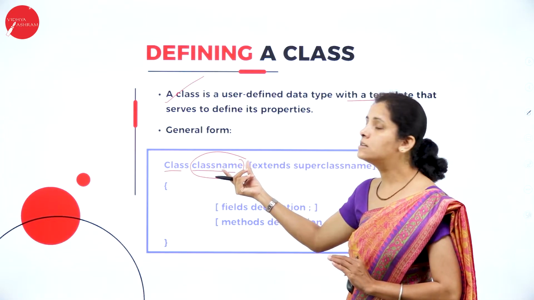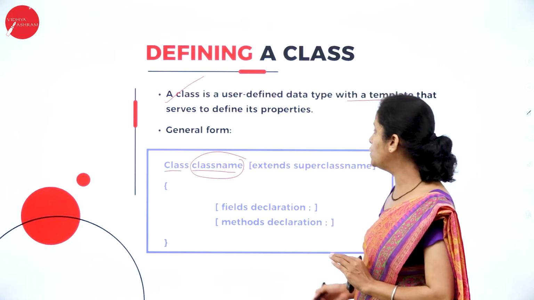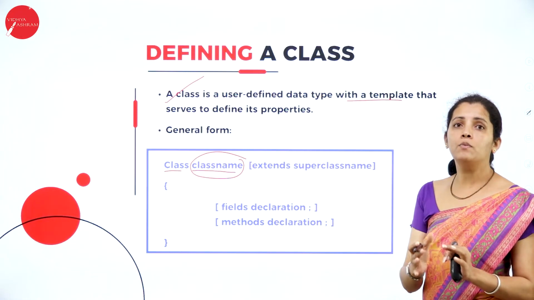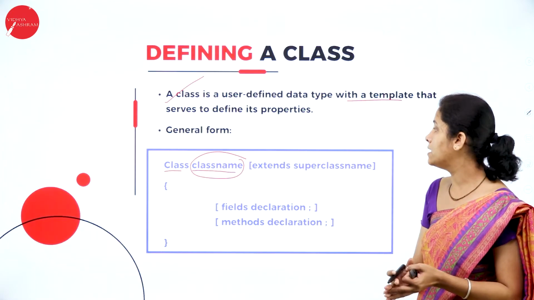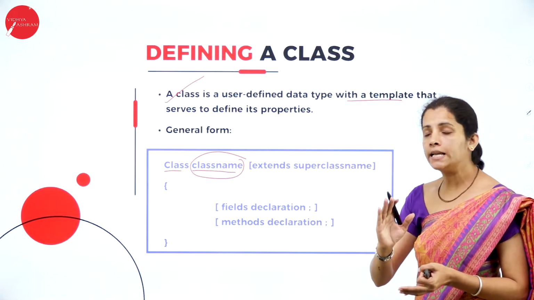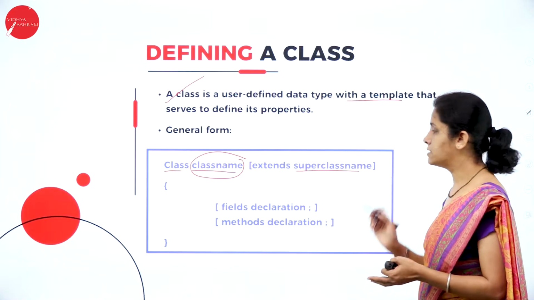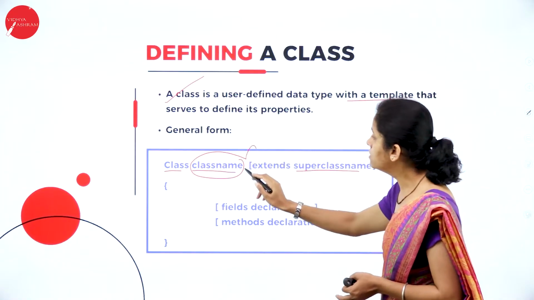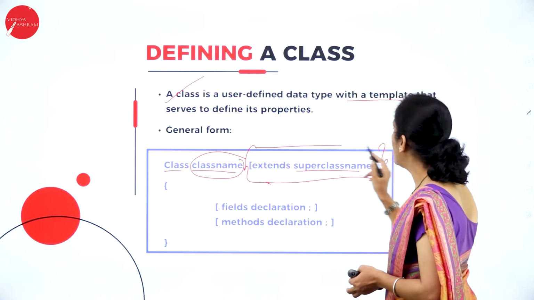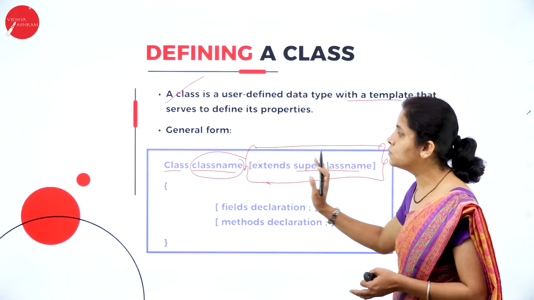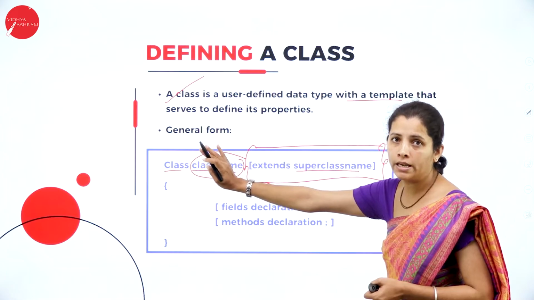So these are certain rules I want to follow. And if I'm going to use the reusability concept, then I want to extend the class. At present, no need to concentrate on this part. Just concentrate only on how to create a class.